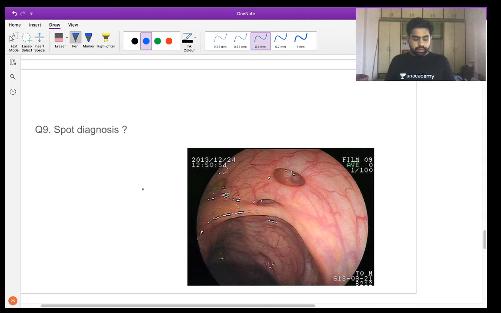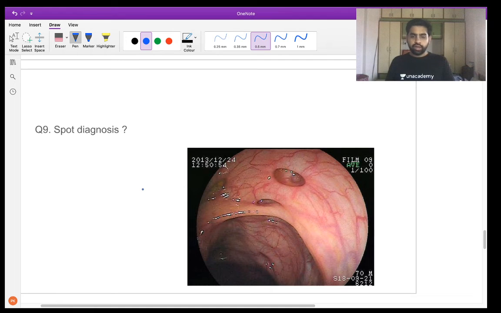Well guys, please tell me what is the spot diagnosis. Fast guys, fast, please. Anyways, there is a lag because of the internet issues. Please tell me what is the spot diagnosis.